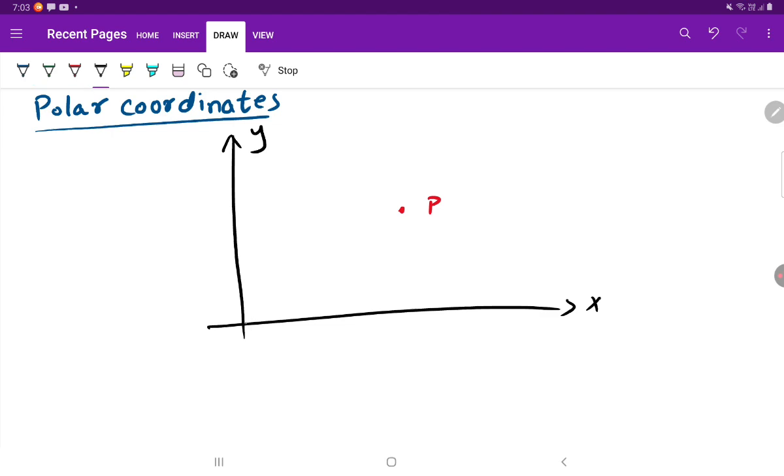Then the vector connecting the origin O to point P has length r, and its angle with some fixed axis, represented by the x-axis, is theta. In this case, we assign two vectors. First is r cap along the OP direction, another is theta cap perpendicular to the OP direction.